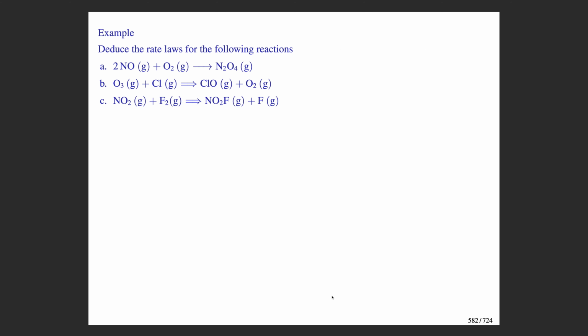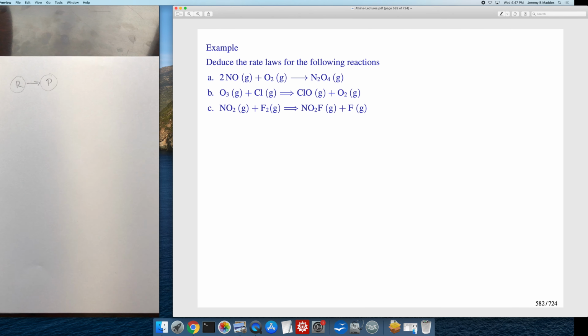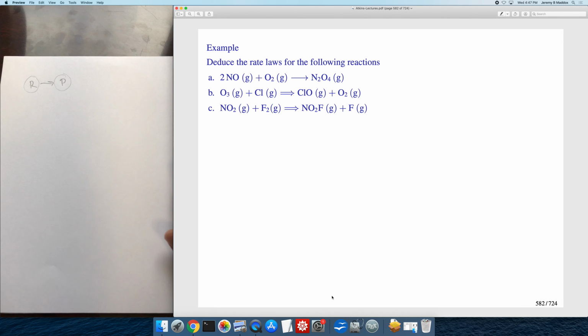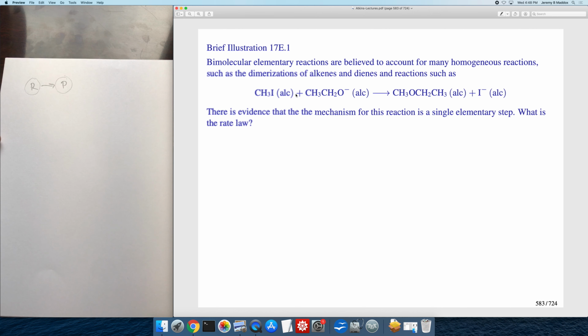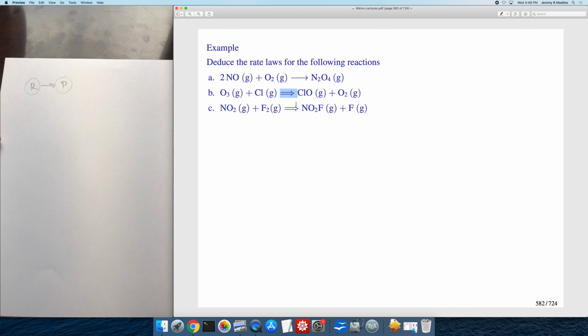So here we are, what we're supposed to do is to take these chemical reactions here and express the rate law for them. Now, I've pulled this problem from a different textbook, and in that textbook, the author uses a single arrow to denote a stoichiometric reaction and elected to use this sort of hollowed arrow to denote an elementary step.